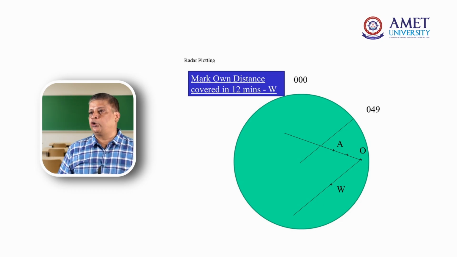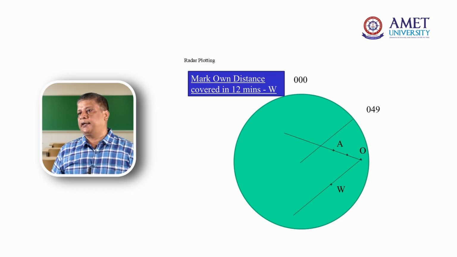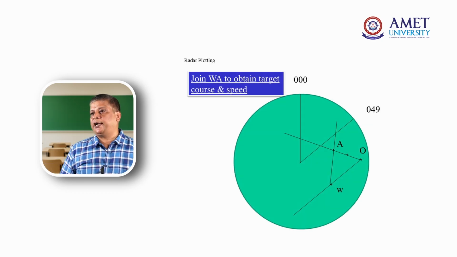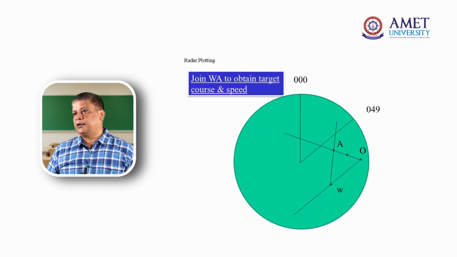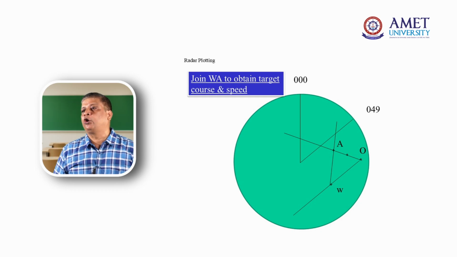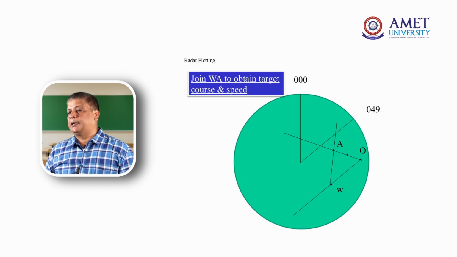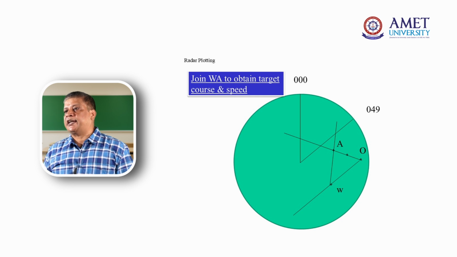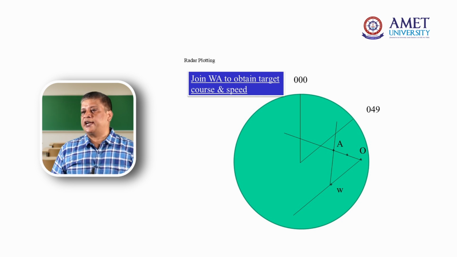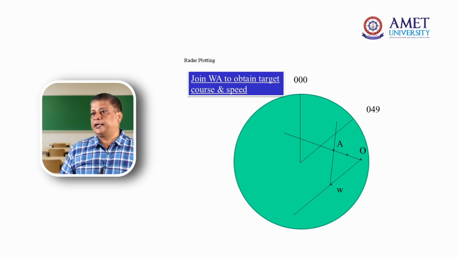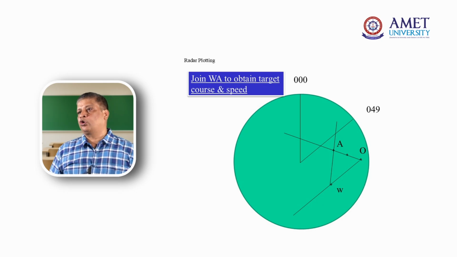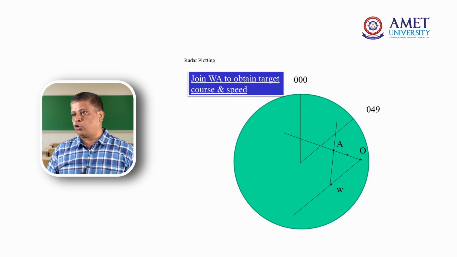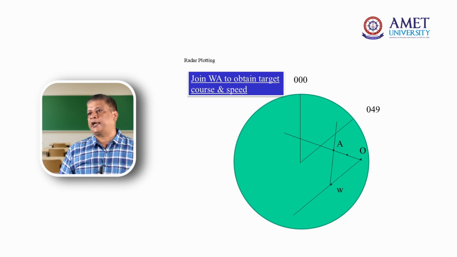Finally, we join WA. I repeat, we join WA. So what does the WA line represent? The WA line is actually the course and speed of the target, and the line WO represents the course of the ship or own vessel, that is 049.